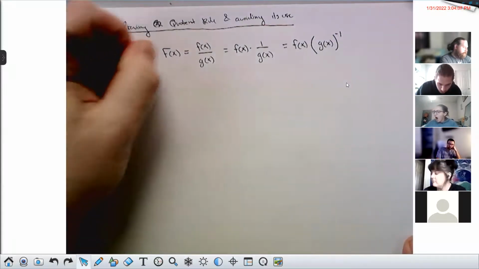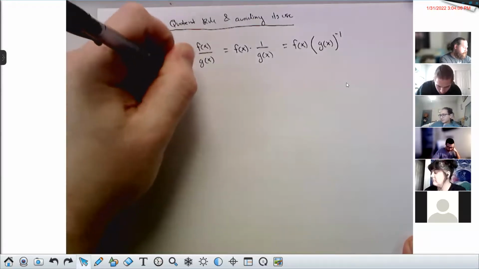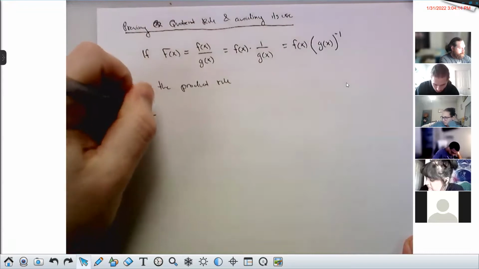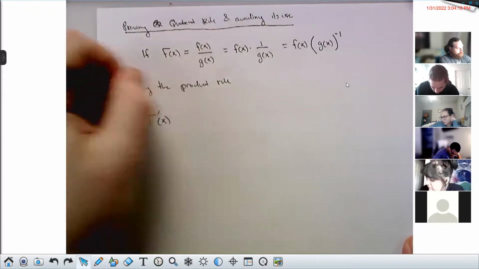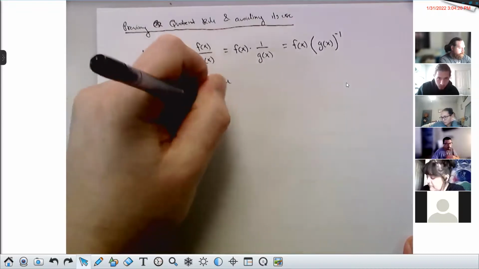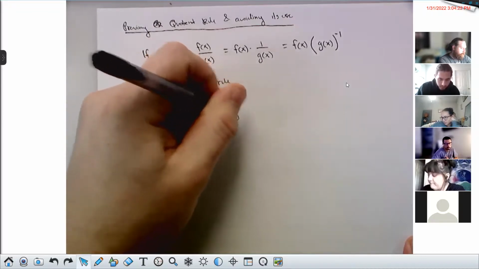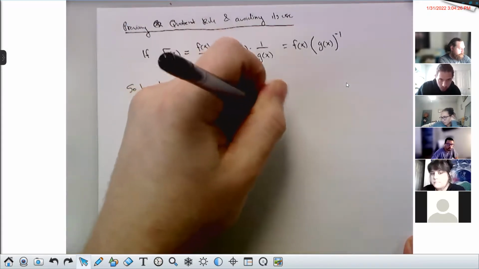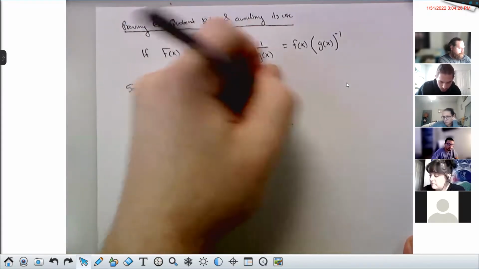So by the product rule, big F primed would be the derivative of the first times the second left alone, plus the first left alone times the derivative of the second.